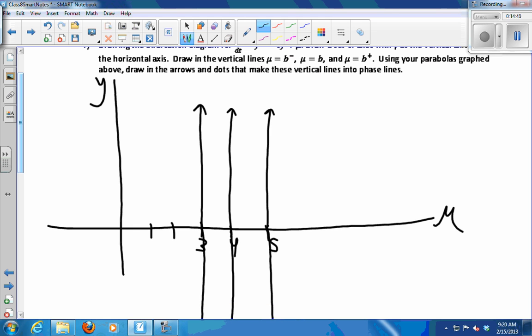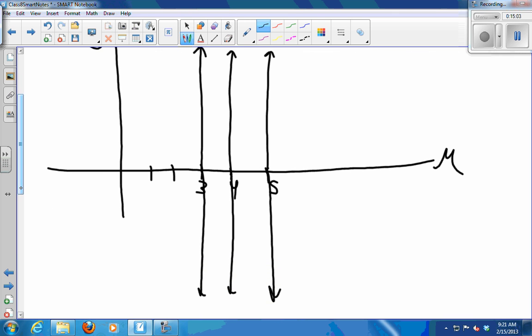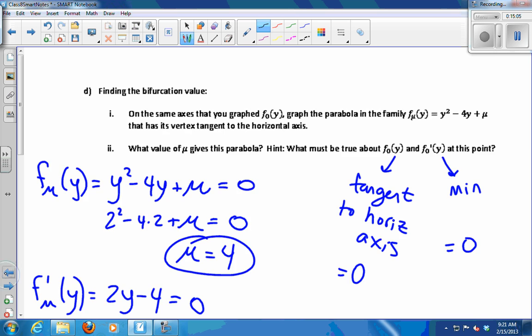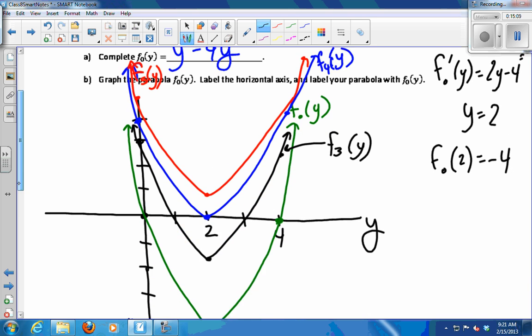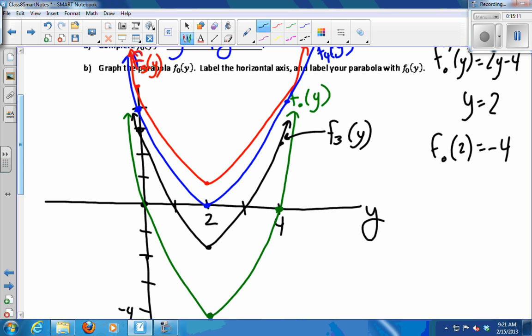Okay, so now I want to use my parabolas, which are graphs of the right-hand side of the differential equation, to draw in the dots and the arrows that will make these into phase lines. So let's start with the 3. Look at the parabola for F3. That's this one drawn in black.